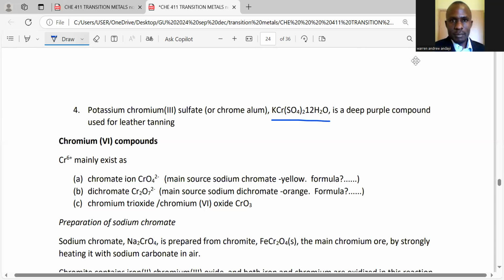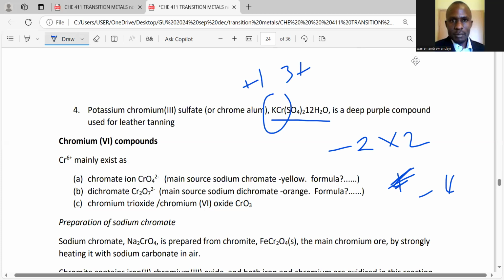Remember, sulfate is -2, and there are 2 sulfates, so there'll be -4, while chromium is +3 and potassium is +1. So this is 4 versus 4 to neutralize the charge. Then there are 12 waters coordinated on it. It's a very deep purple compound used for preparing leather, or leather tanning.